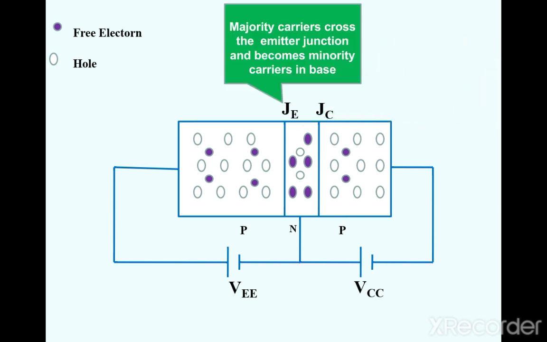Majority carriers cross the emitter junction and become minority carriers in the base. Why? Because the base is an n-type semiconductor. So from the p-type, majority carriers jump to the base side and become minority carriers in the base.